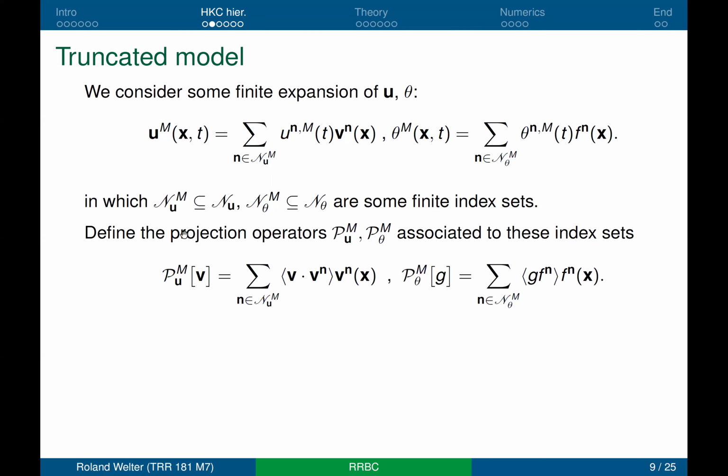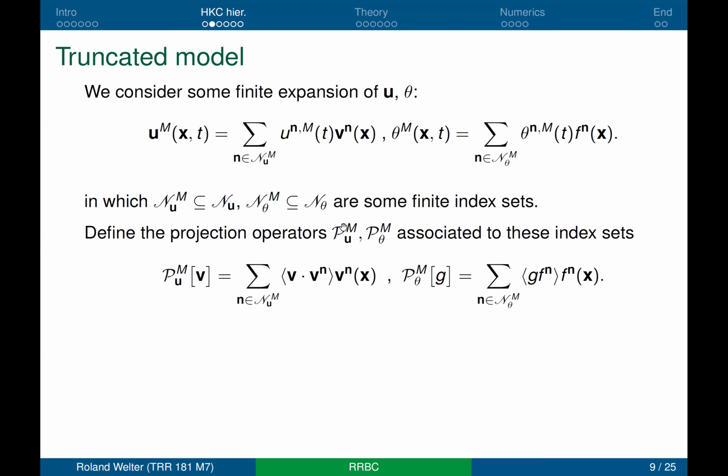These index sets are themselves indexed by a parameter m representing how large the index set is.